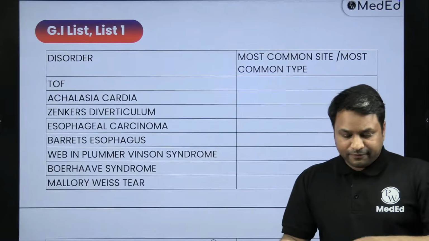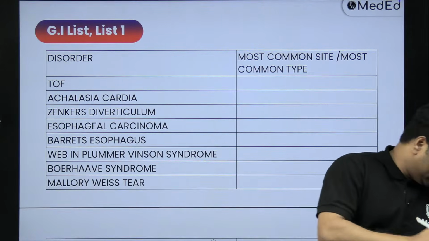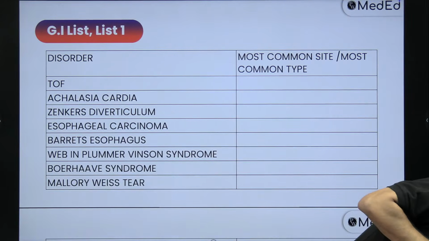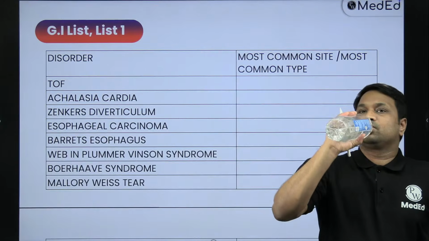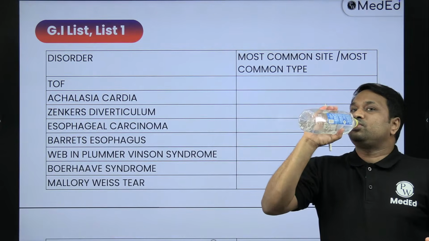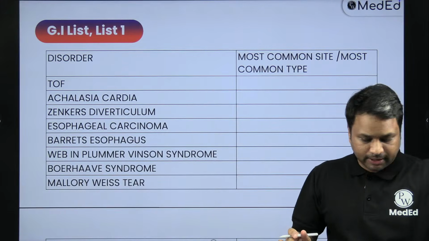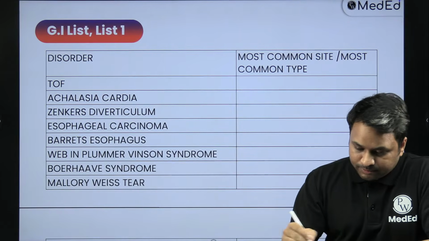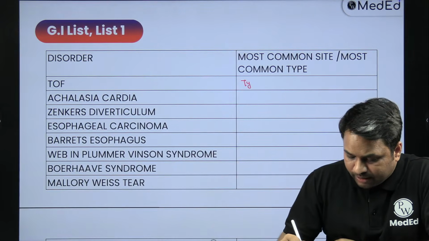Now, we have the list of GI disorders and we look at the most common type or the most common site. In the tracheoesophageal fistula, the most common type is going to be the type C variety.